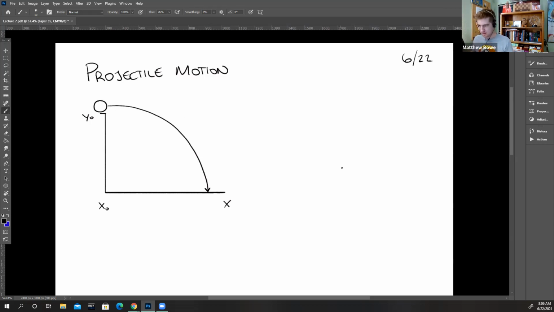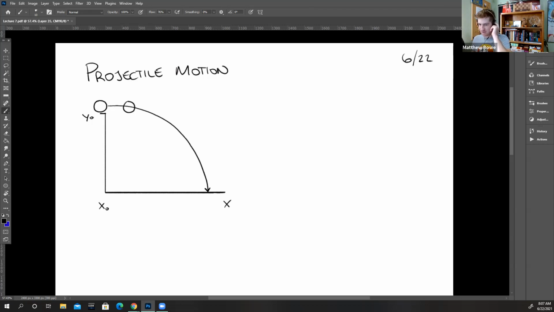So we can break this up into individual moments of time. A good measure is to just measure equal time intervals. So after, I'm just assigning a value, I'll say a quarter of a second, the ball is here along the path.